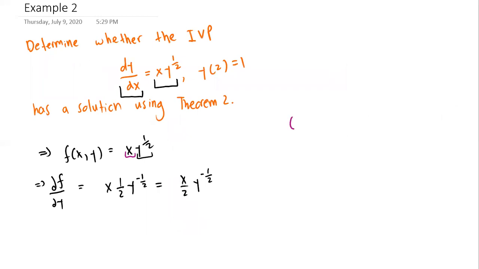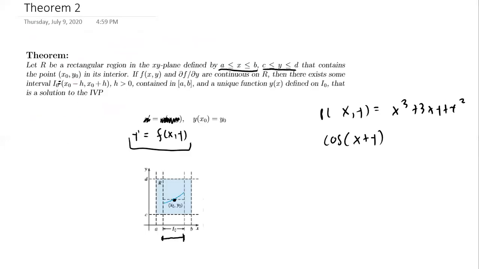We want to find some interval around x, and we want it to contain the initial input. So some region R you see in the picture, we want the region R to contain the initial input.